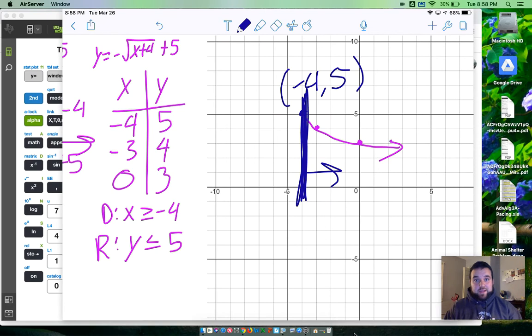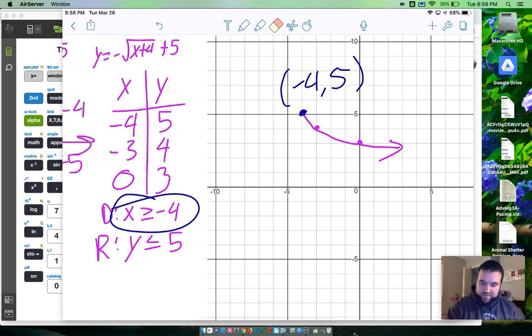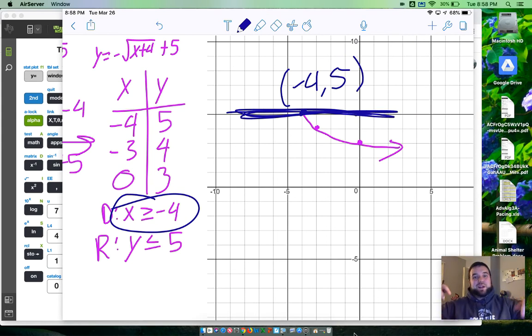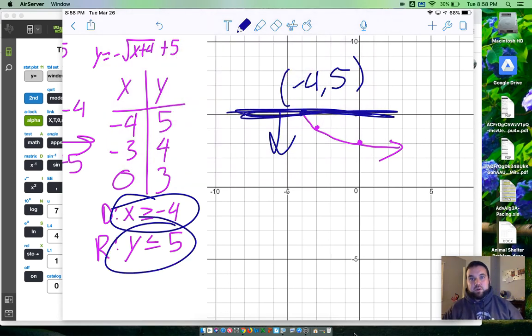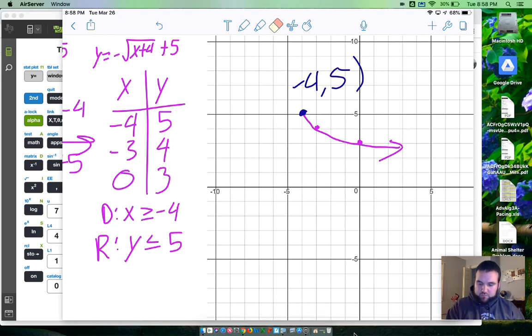Moving to the right on the x-axis means that x is going to be greater than or equal to -4. By the same token, this starts at a y value of 5 and goes down, which means it's decreasing, which means the y value is going to be less than or equal to 5. Just another way to look at it.